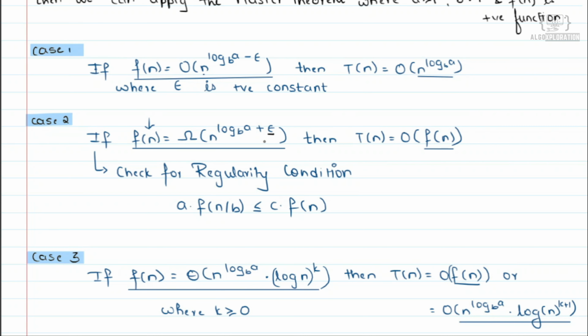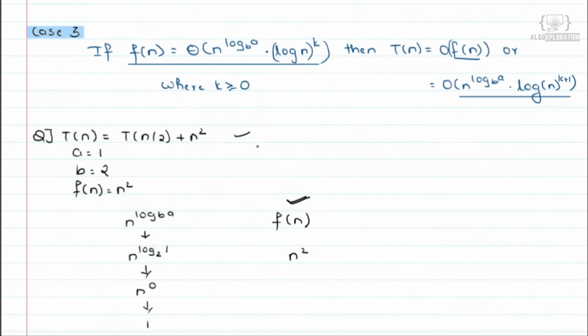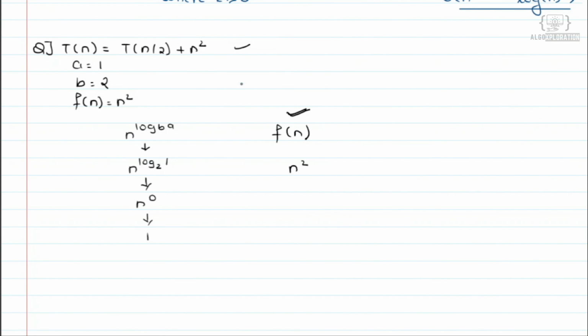Later I'll show you why we are using the epsilon term here. So the time complexity of this recurrence relation will be T(n) = Θ(f(n)). The value of f(n) is n². That's it. In just a second we can find the time complexity of this recurrence relation.